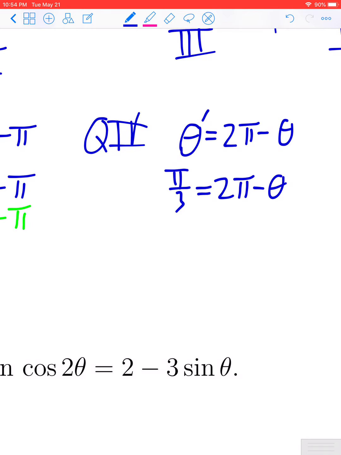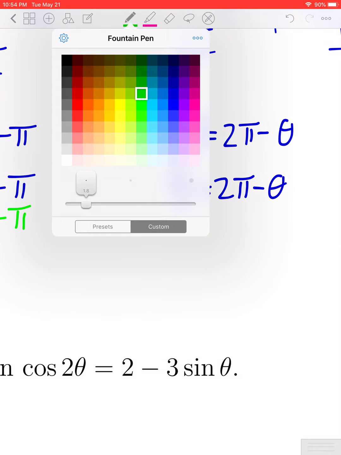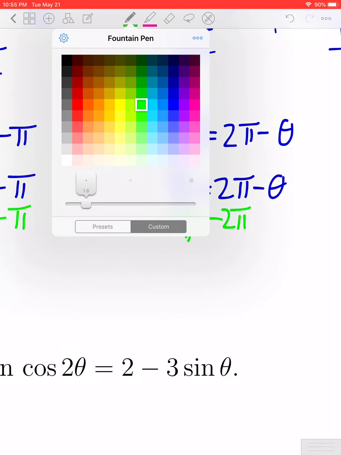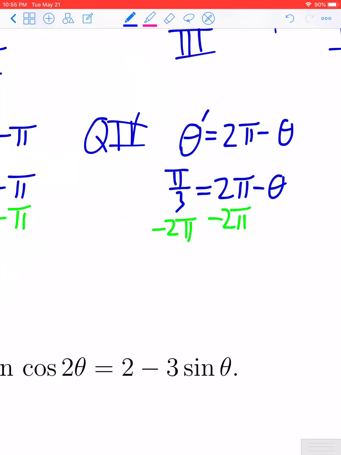To get theta by itself, we would first begin by subtracting 2 pi from both sides. This would say that pi over 3 minus 2 pi, get common denominators and all that good stuff, should give us a value of negative 5 pi over 3 is equal to negative theta.